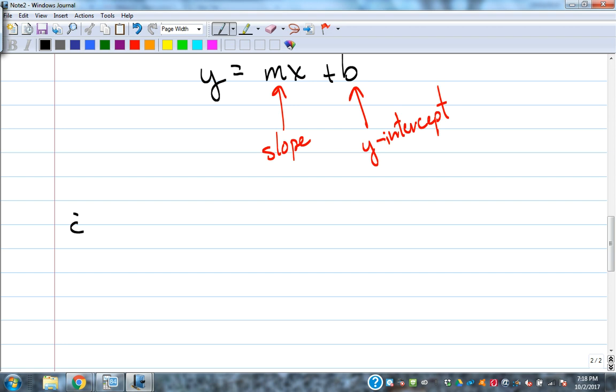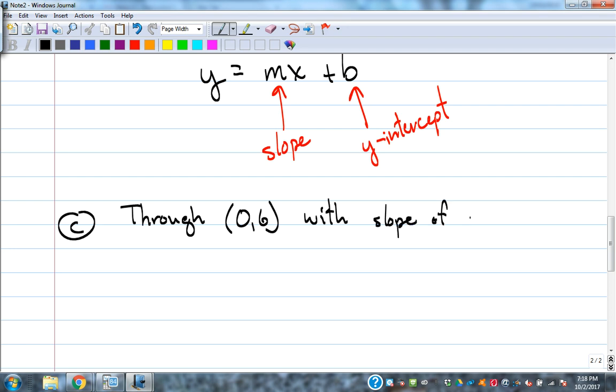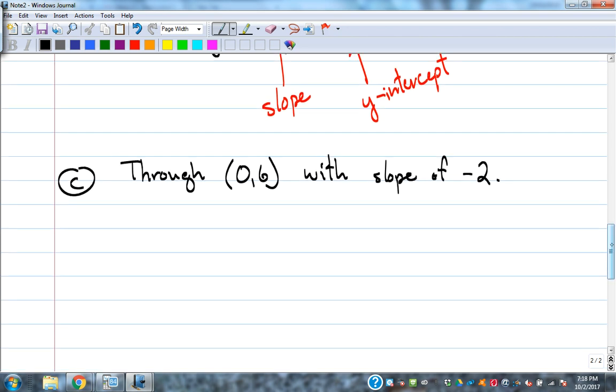The first example, we want to write the equation of a line in slope-intercept form that goes through 0, 6 with slope of negative 2. What do we know about the point 0, 6, that ordered pair? Where is it at?